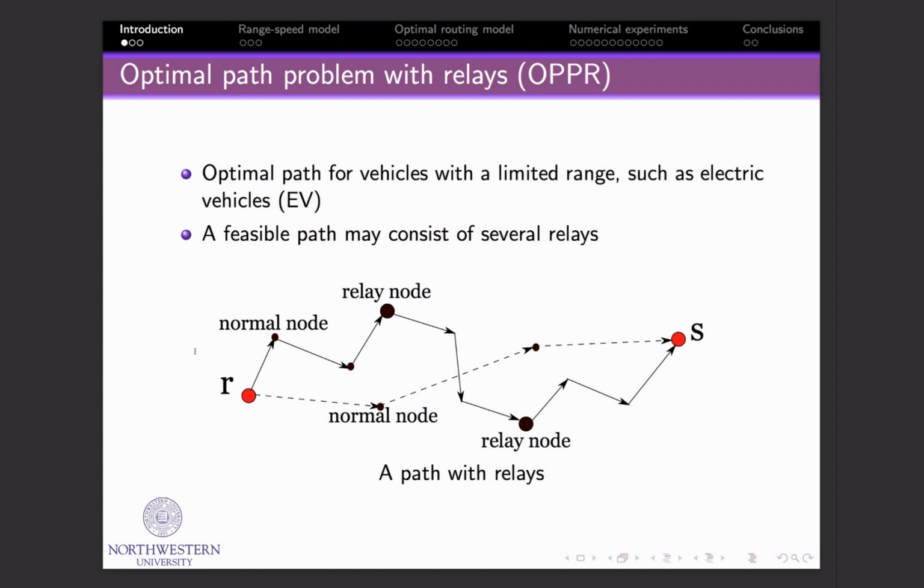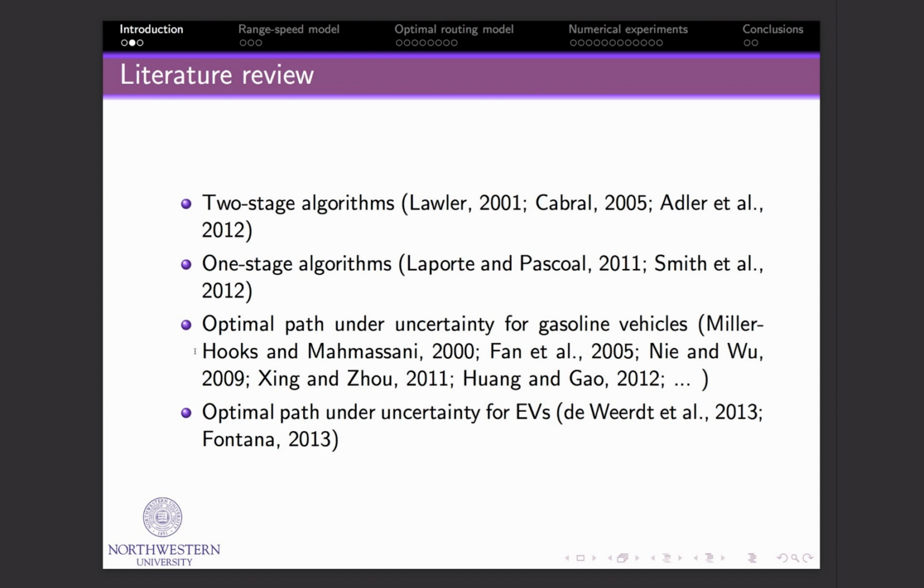The literature on the optimal path problem with relays is relatively sparse. Most existing studies tackle this by taking advantage of the fact that an optimal path must consist of a sequence of optimal subpaths between relay nodes.